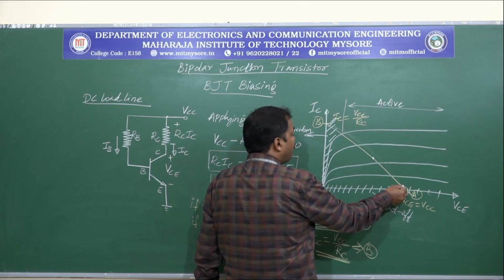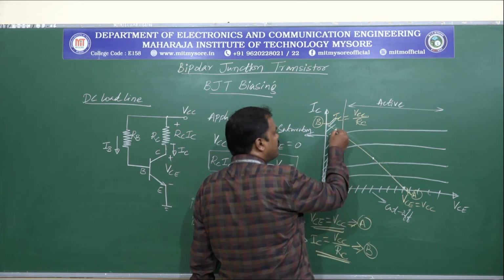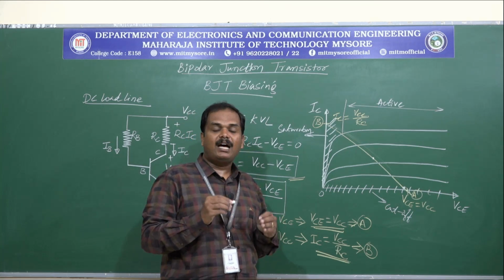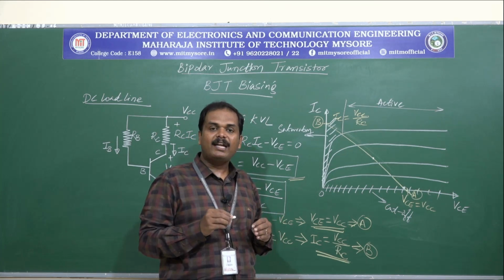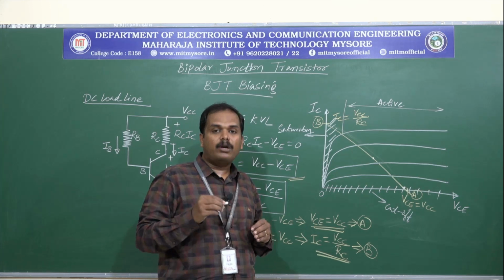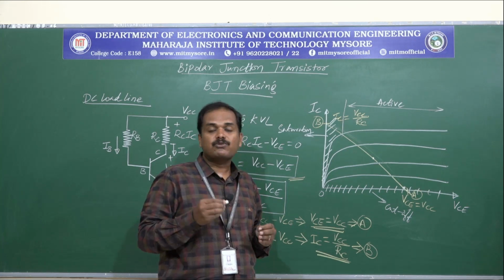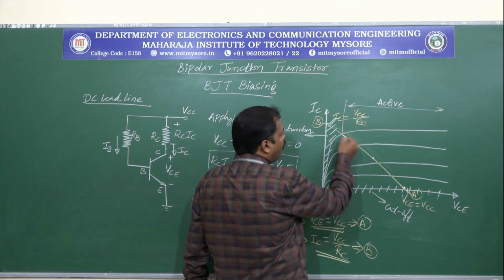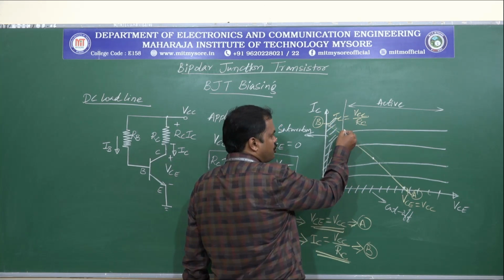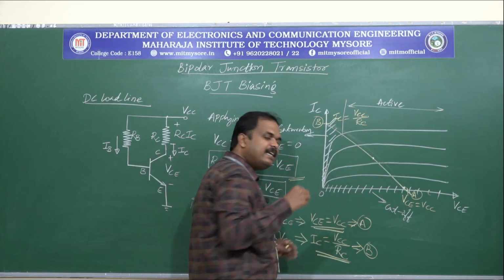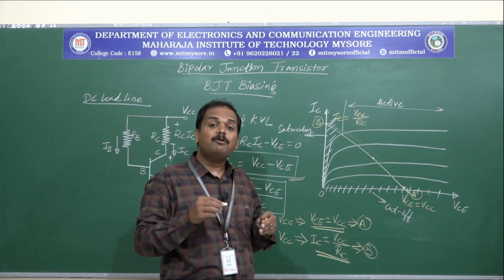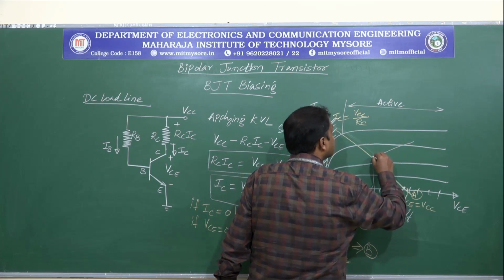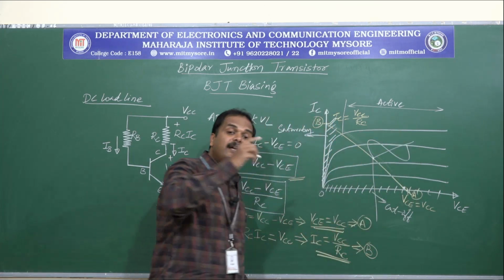On the other hand, if I move this operating point towards the saturation region, then a portion of the input signal to be amplified will have noise. Unwanted harmonics will be involved in the signal. So the operating point should not be near the saturation region. It should be inside the active region, and particularly at the mid of the active region, so that the signal will be completely processed.